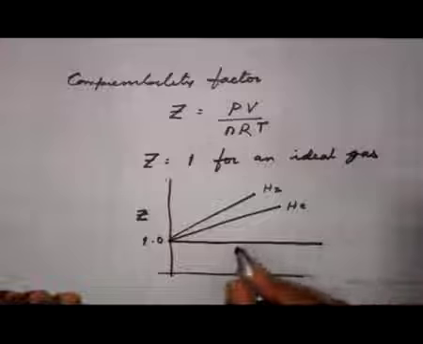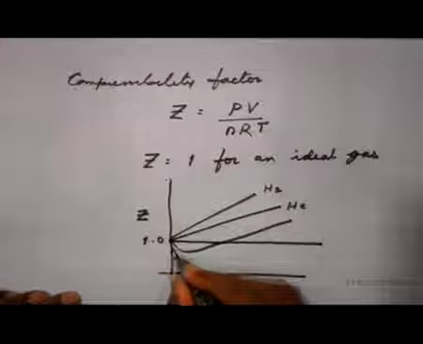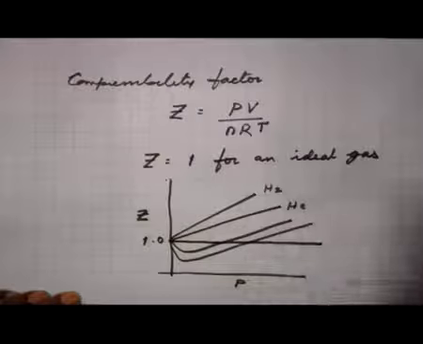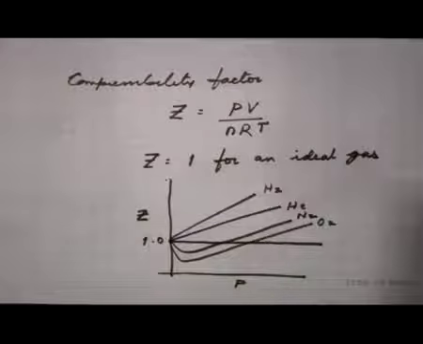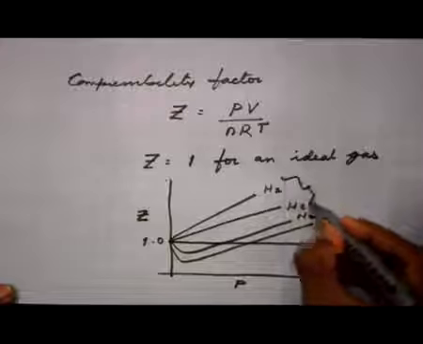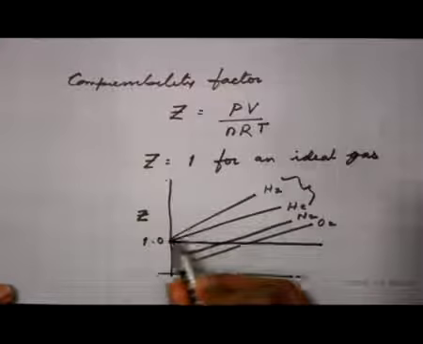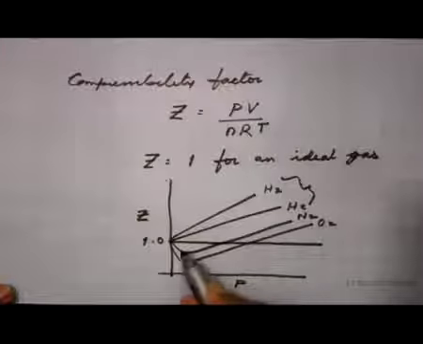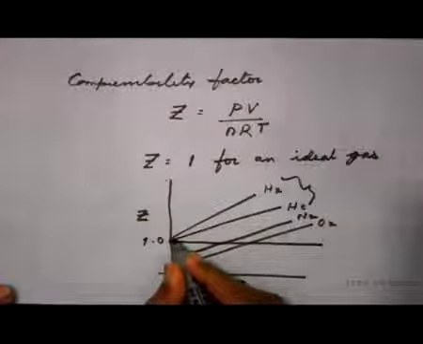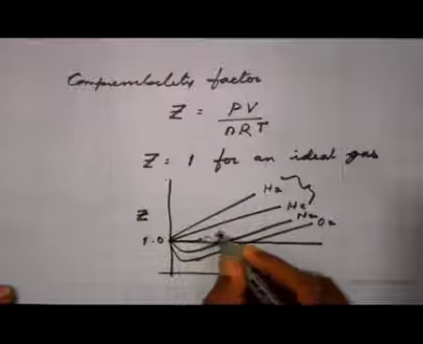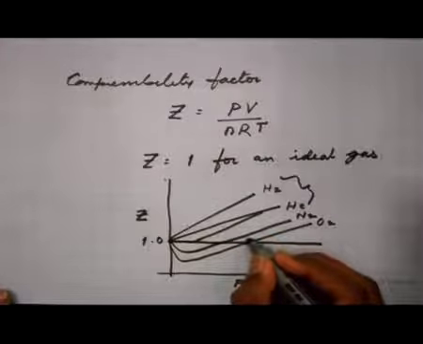And then you have another kind where you have Z starting negative and then increasing, right. You have O2 and N2 as two different situations. So, you will find two different kinds of things: gases whose values of Z are always positive and increasing like this, and there are others which do this kind of behavior. And there might be cases where Z is more or less 1 over some value of pressure and then it changes like that. But I will consider this to be a subset of this.